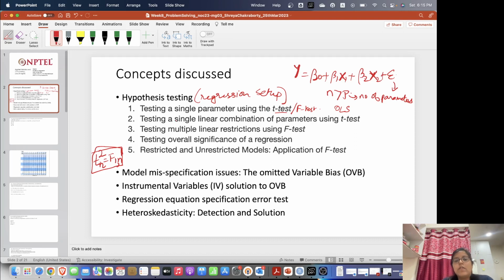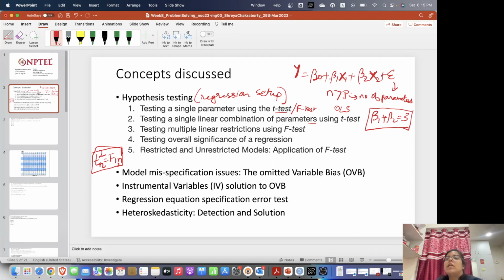Alright, so then we also learned how to carry out testing when we have a linear combination of parameters. Like for example, if we have beta 1 plus beta 2 equal to 3, in such cases also we can transform this equation.